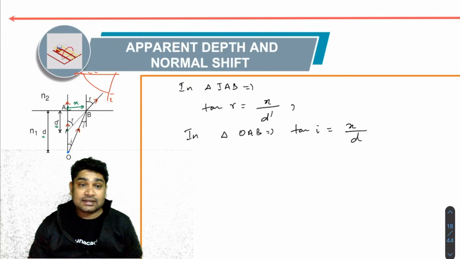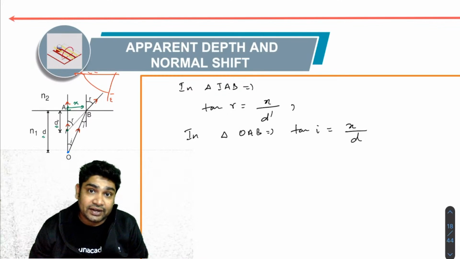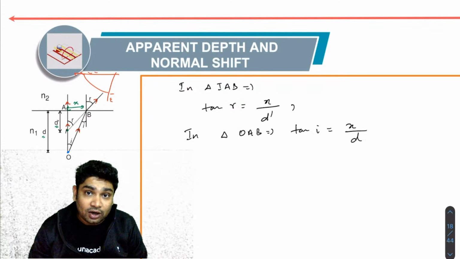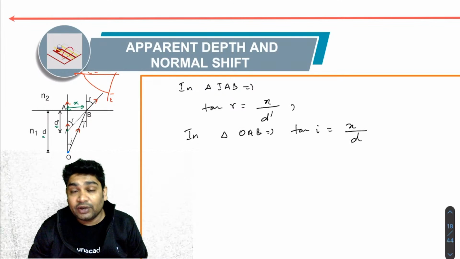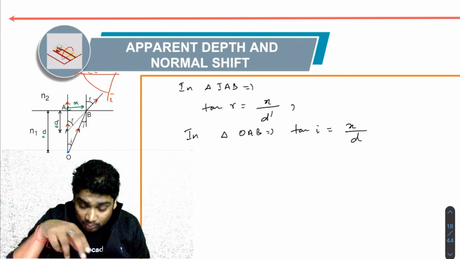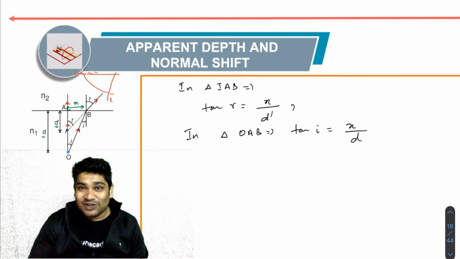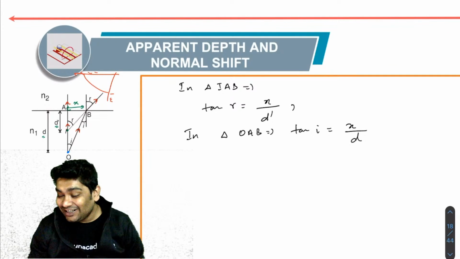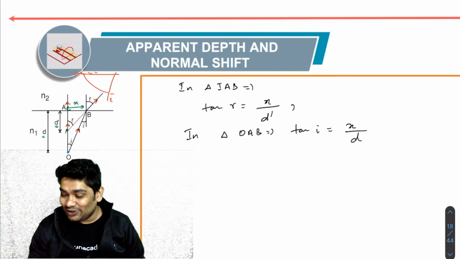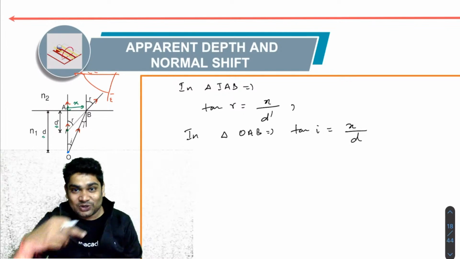Now there is an approximation that we are taking. We are going to look for a near normal viewing. Near normal viewing means your eye is placed almost near the normal. Though I've shown a huge eye here, practically the eyes are not so big, right? So you have to be very close to the normal.